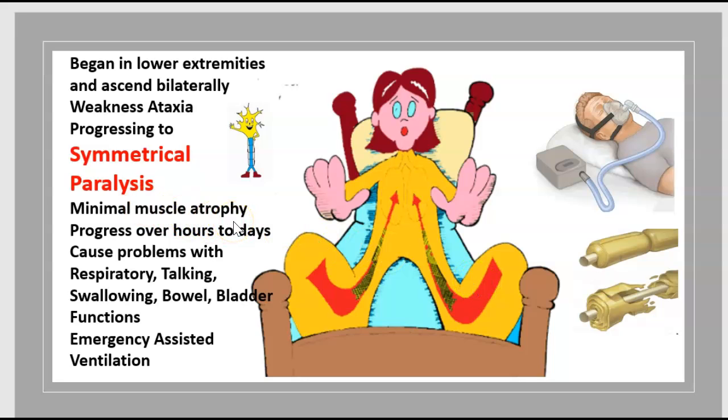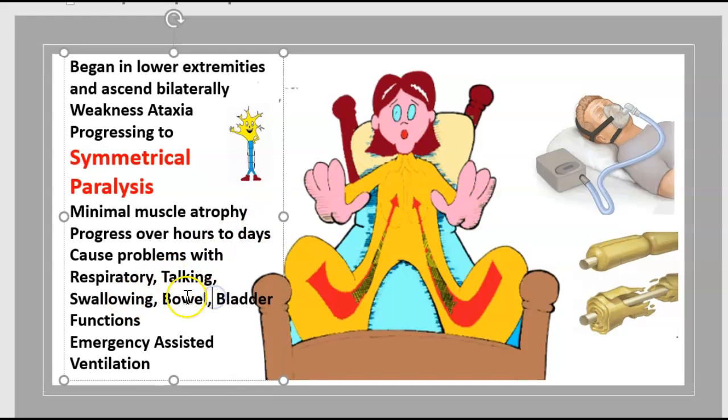Minimal muscle atrophy progresses over hours to days. Problems cause respiratory, talking, swallowing, bowel and bladder function. Sometimes it needs assisted ventilation in emergency.